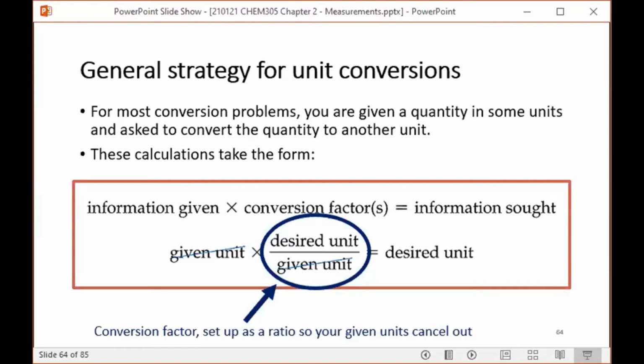So we're going to be using those conversion factors, and that's why it's really important to be very comfortable writing conversion factors as those 2 different ratios, because what ratio you use is going to depend on what you want to cancel out and what you want to solve for. And so you always want to set up your conversion factors so that the unit you want to get rid of cancels out and you're just left with the unit you're trying to solve for.